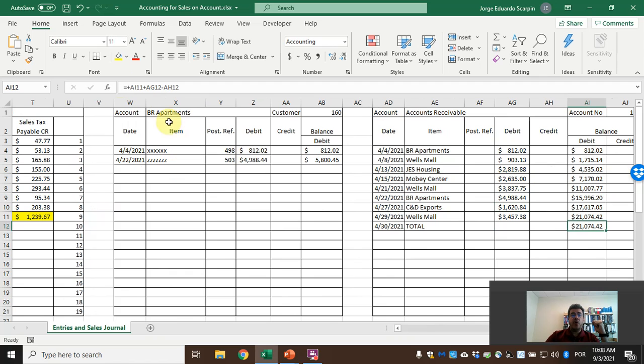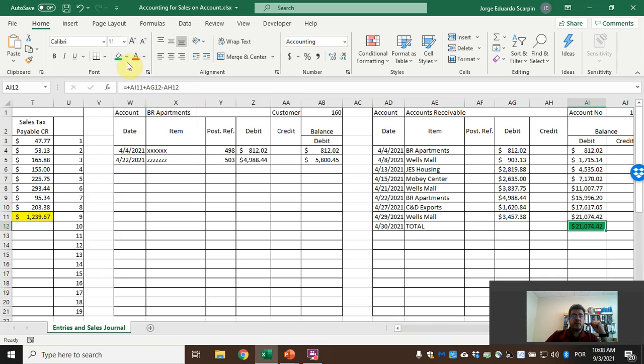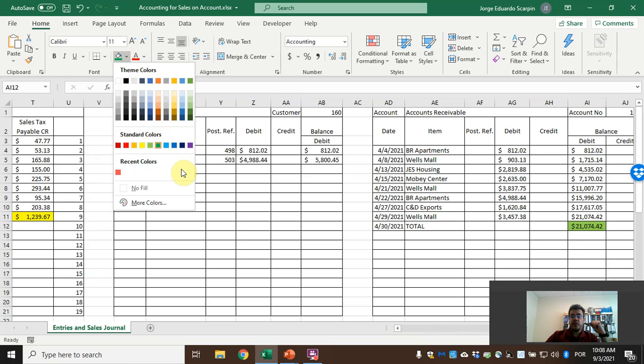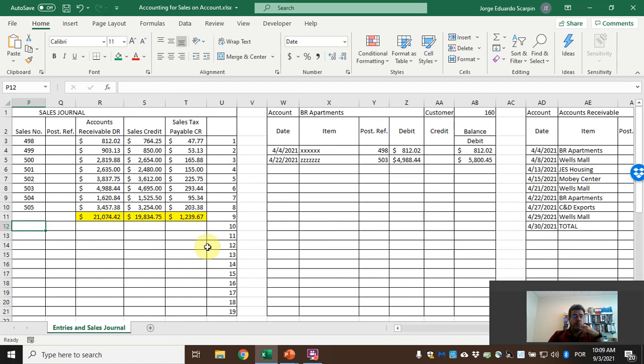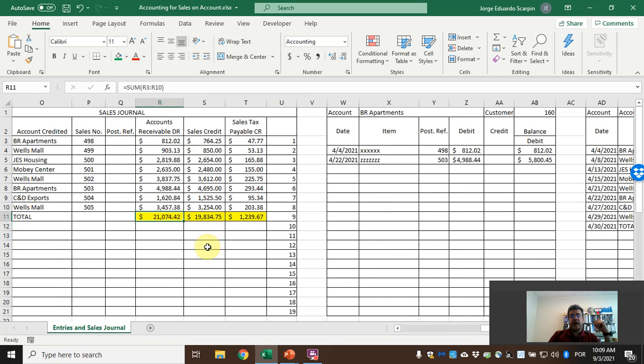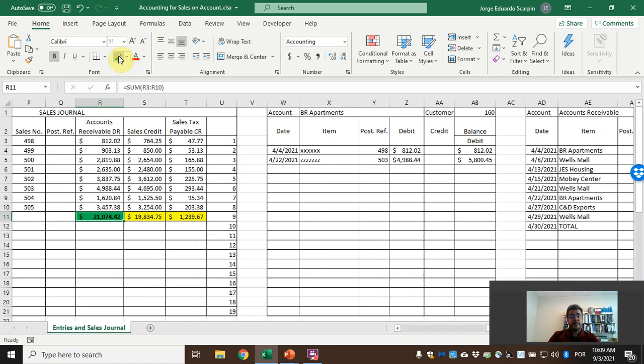So the total of our balance, our green here, should match with our accounts receivable here, with our accounts receivable on debit, 21,074.